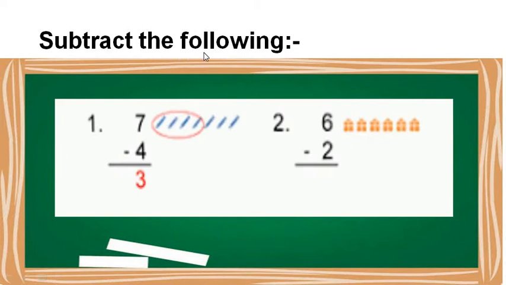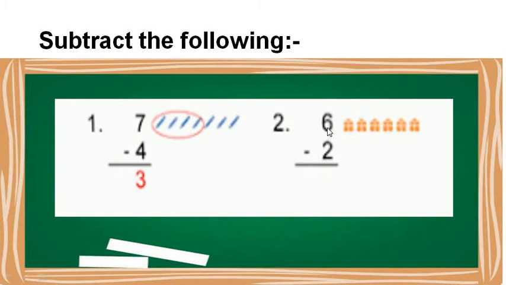Subtract the following. Look, we have the example that if we want to make a subtraction, we have to cut out or cross out the given number of objects out of the number which we have as a question, and then we have to find the remainder.